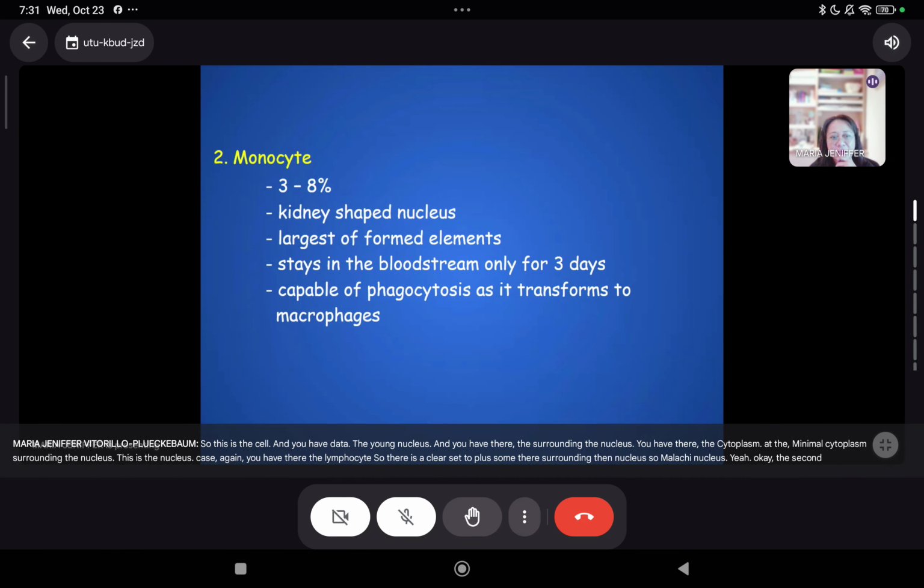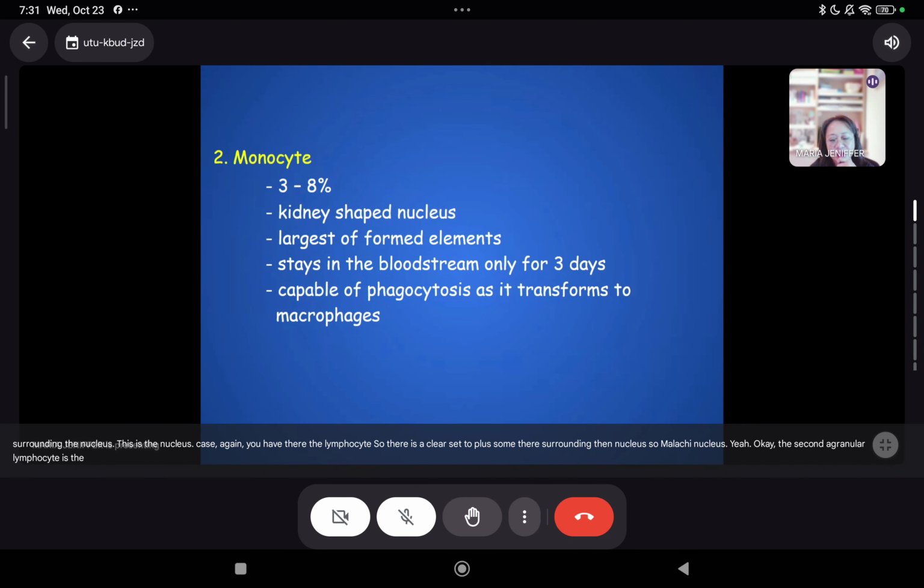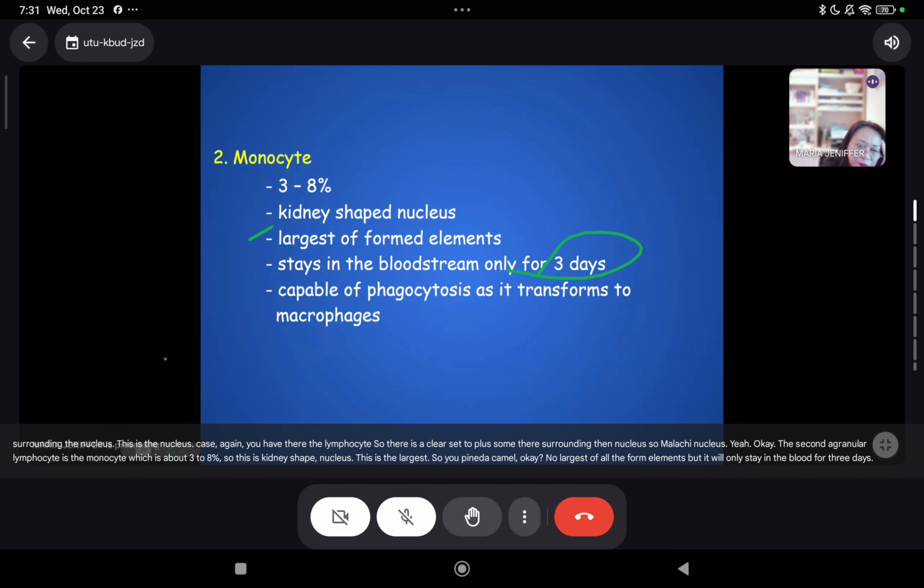Okay. The second agranular leukocyte is the monocyte, which is about 3 to 8%. So this is a kidney-shaped nucleus. This is the largest. Siya yung pinakamalaki, no? Largest of all the formed elements. But it will only stay in the blood for 3 days.